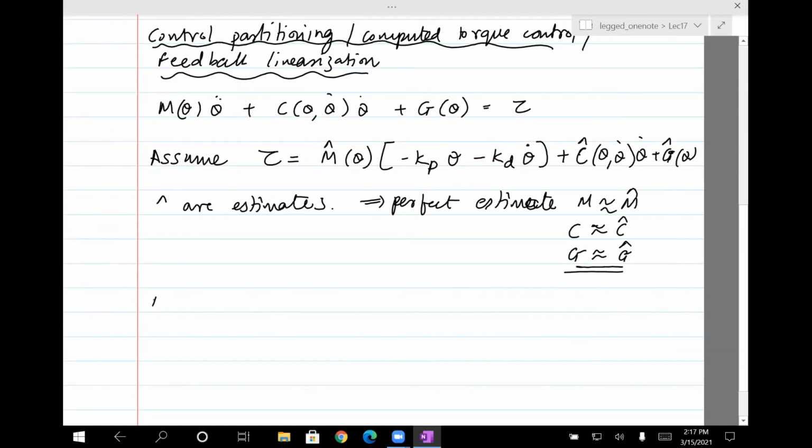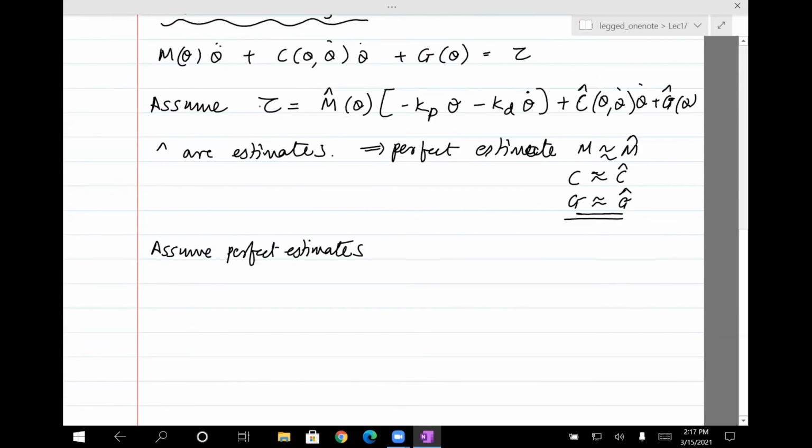So assume perfect estimates. And now let's shove in the value for torque in the first equation. I'm going to drop the M of the function, so I'm just going to write without the brackets.